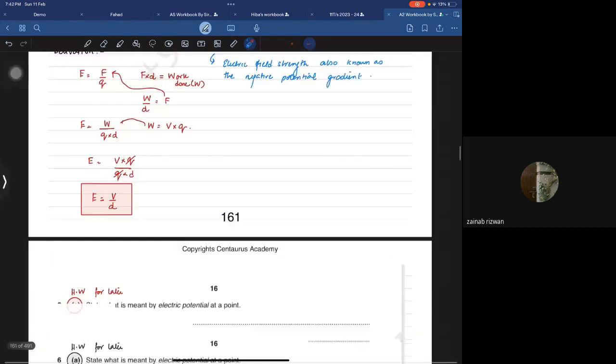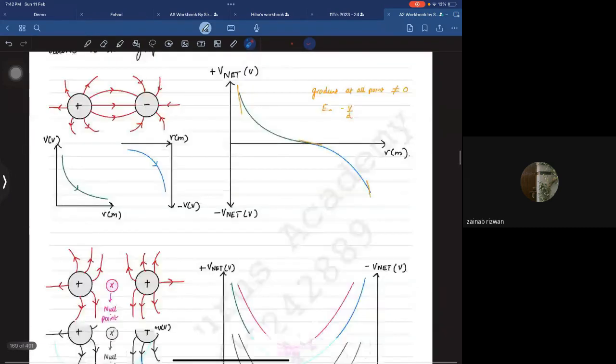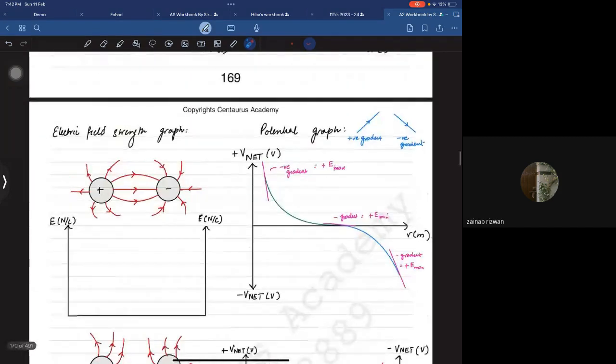Okay, now let's go back. In this one, you have yourself said that the gradient here is negative, which means you will get a positive electric field strength, right?